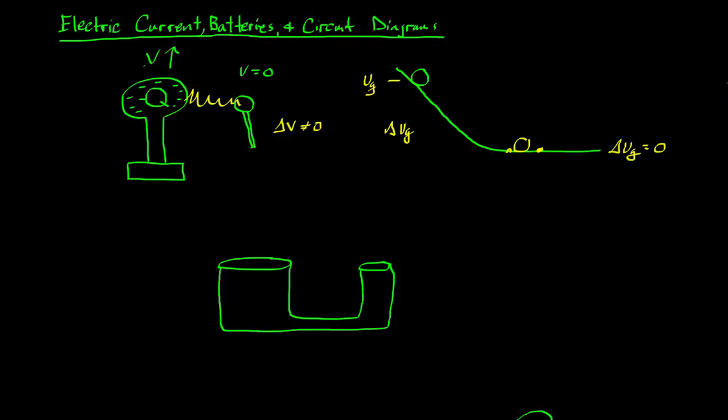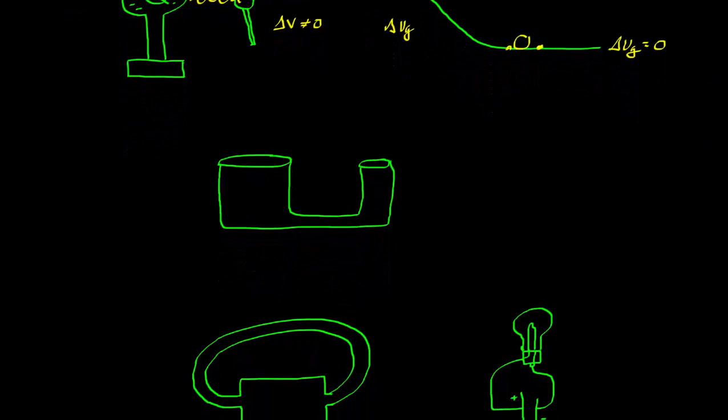Okay, so we can think about fluids. So going back to fluids and thinking about that, if I had these two containers connected by a pipe at the bottom, and suppose the fluid level was here on one side and here on the other side. Well, it's the same concept. Here we have a greater height in the fluid, so we're going to have more pressure. Or you can think about it gravitationally as well. You have a UG here and there's a lower UG here, so you have a potential difference that's not equal to 0.